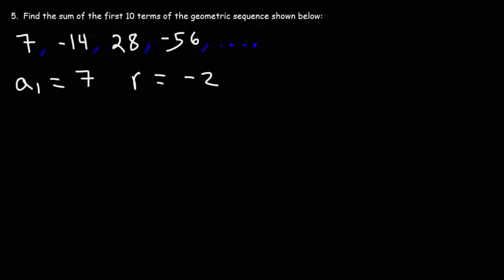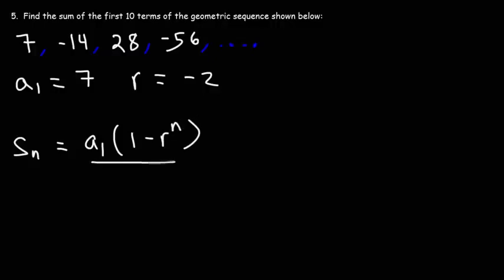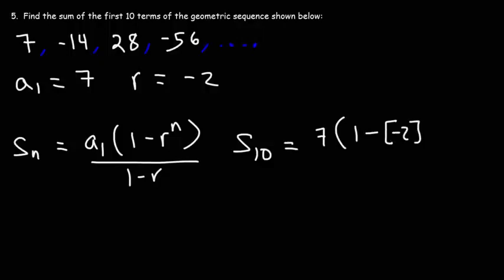So now that we know the first term and the common ratio, we can calculate the sum using this formula. It's the first term times 1 minus r raised to the n, over 1 minus r. So the sum of the first 10 terms is going to be the first term 7 times 1 minus -2, now raised to the n power. n is 10. And then divided by 1 minus r.